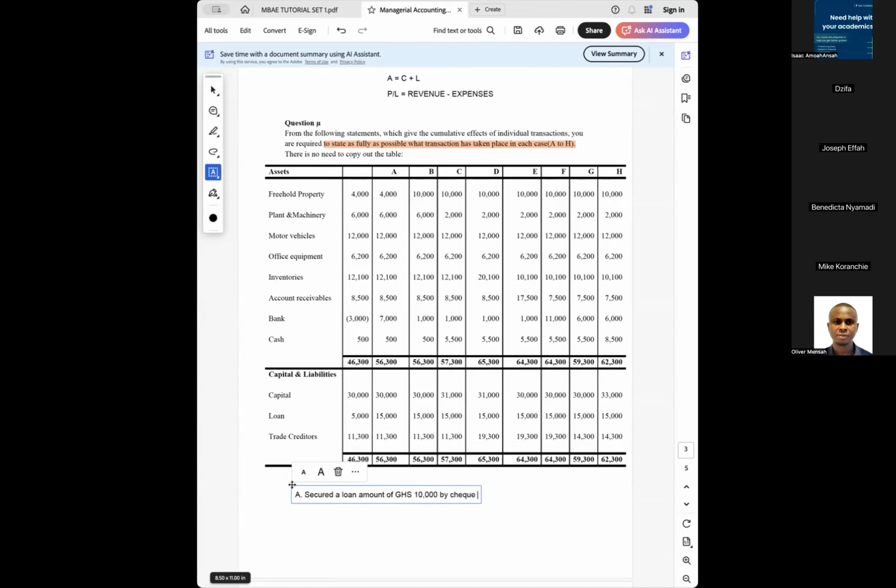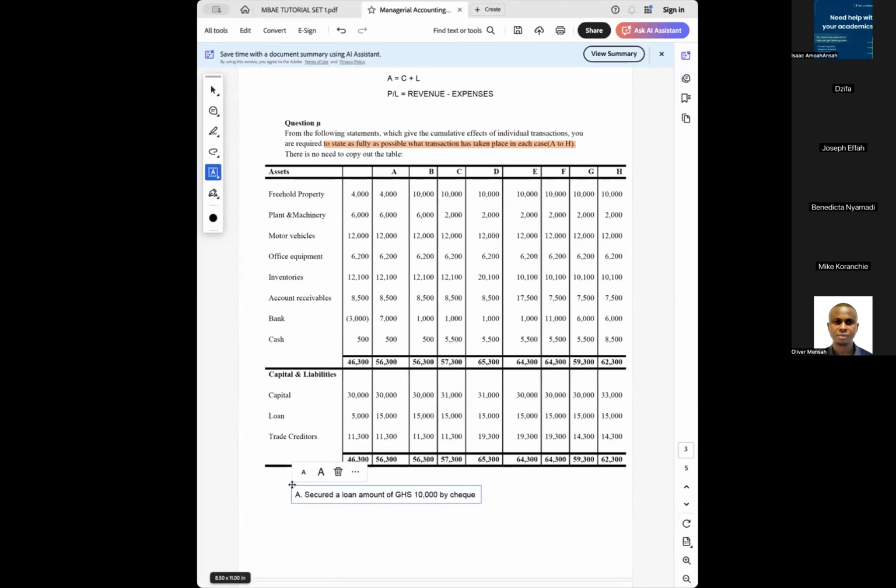So: secured a loan amount of 10,000 by check. That's the transaction that occurred. Or: raised a loan of 10,000 Ghana cedis paid directly into the business's bank account. Or: a loan amount of 10,000 was secured, deposited directly into the business's bank account. These could be the possible transactions.